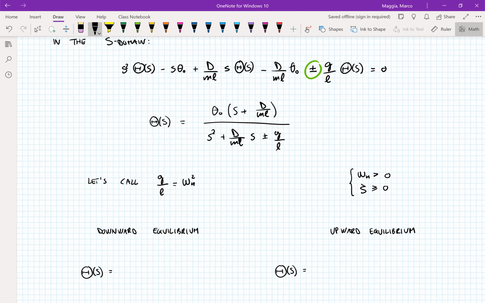So omega n, the natural frequency, is the square root of g over L. And then we have that d over ml is equal to 2 zeta omega n. So omega n, the natural frequency, is always positive, and the damping ratio zeta is positive or equal to 0. Again, equal to 0 if we don't have any damping.